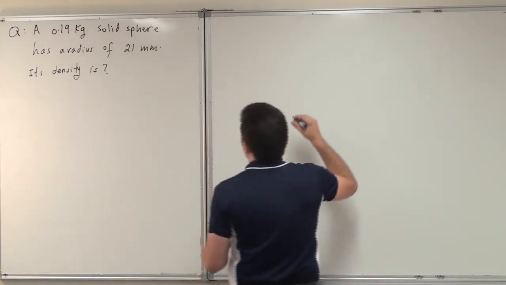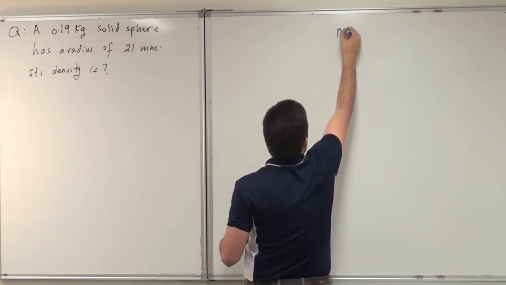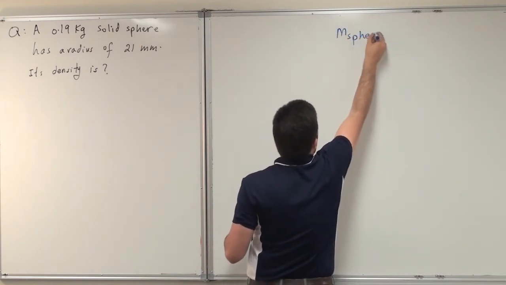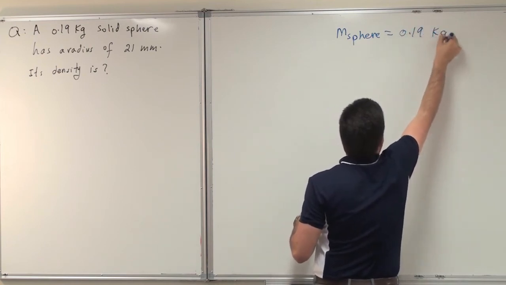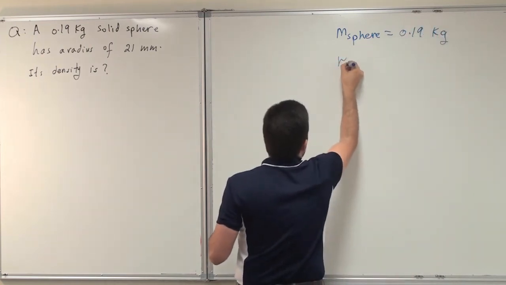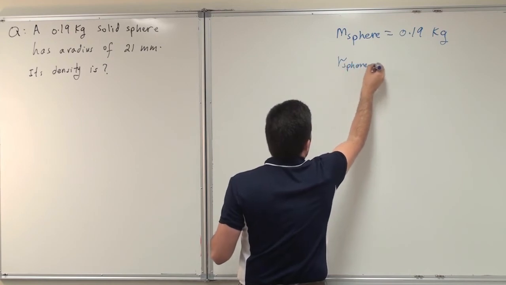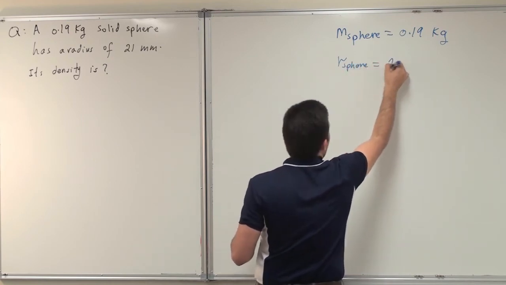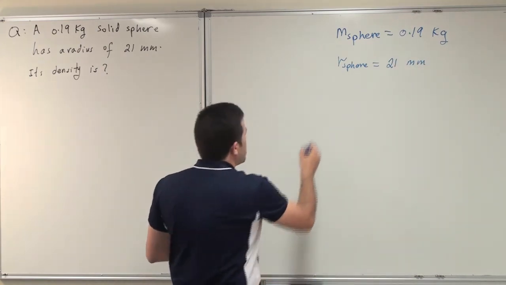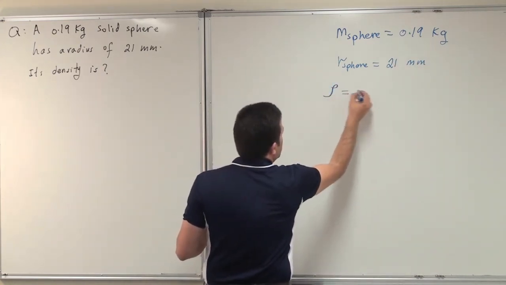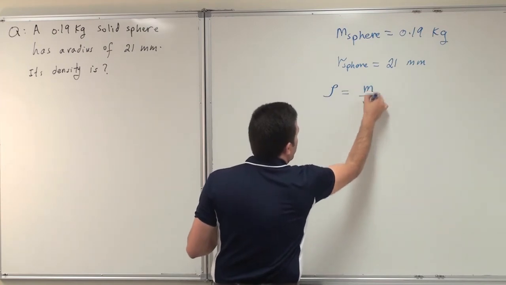So basically what I have is the mass of the sphere, which is 0.19 kilogram, and the radius of the sphere, which is 21 millimeters. So if I need to find the density, density should equal mass divided by volume.